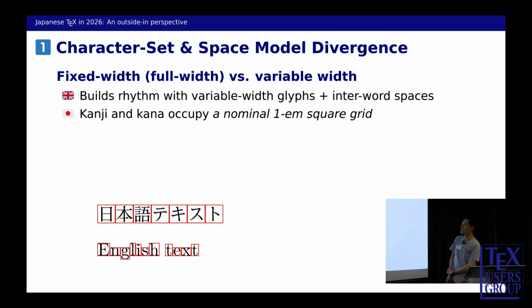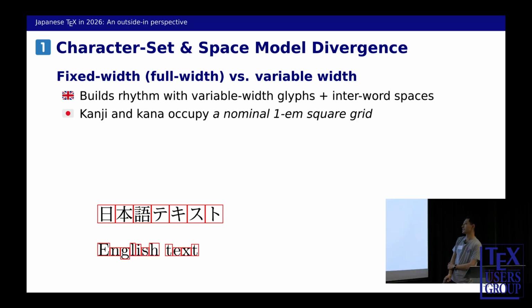For English typesetting, you normally build the rhythm with the variable widths of glyphs, while Japanese letters are always square and positioned with fixed width right next to the former character, which makes it quite simple for the normal situation.